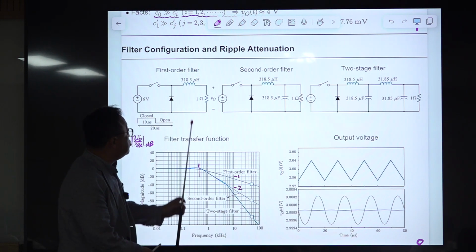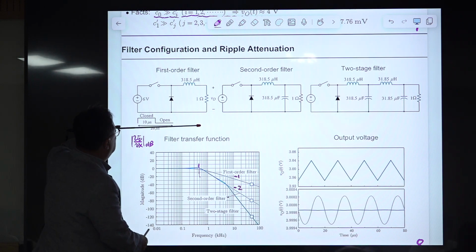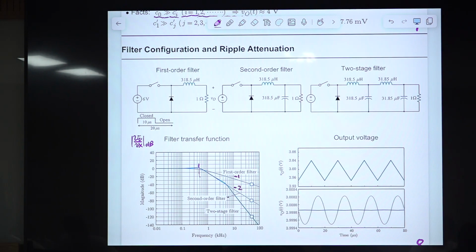For this case the duty ratio is 0.5. The duty ratio is 10 times 10 to the -6 in the numerator, and 20 times 10 to the -6 in the denominator. The input voltage is 6, and the duty ratio is 0.5, so the output is 3 volts in this case.